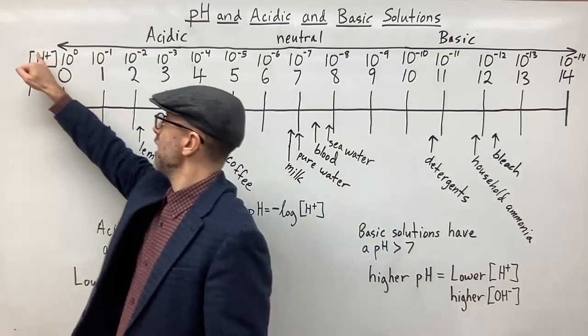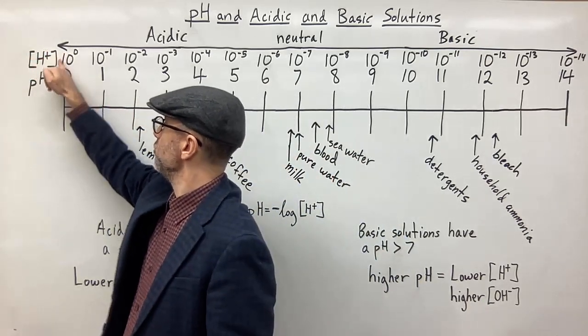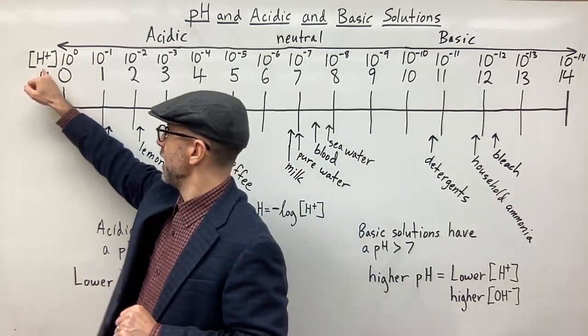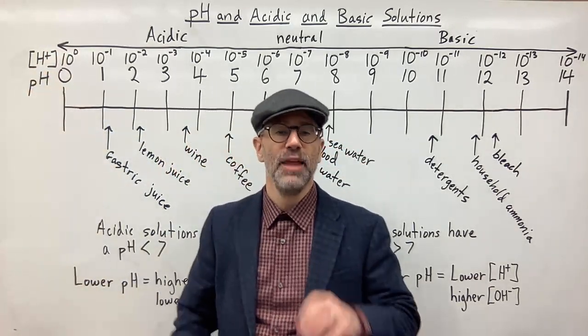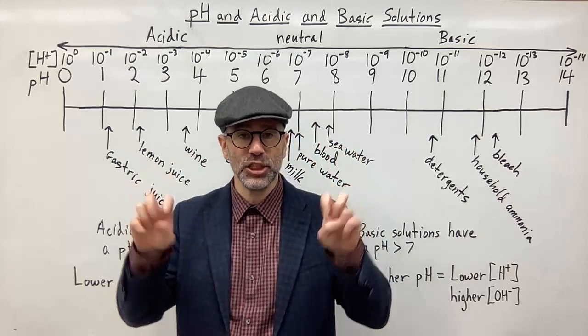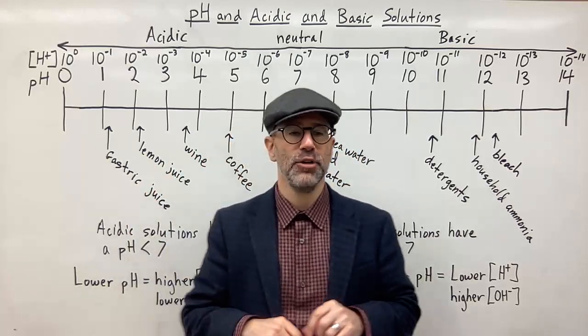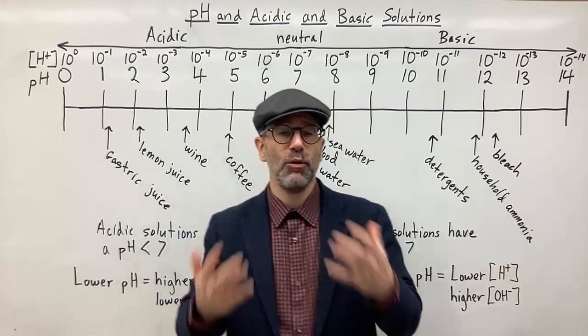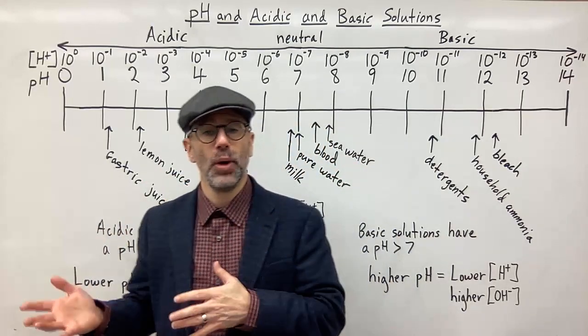So anytime you're given some substance in square brackets, like here I have H plus in square brackets, that means concentration of. So if I have, for example, OH minus in square brackets, that would be the concentration of OH minus.